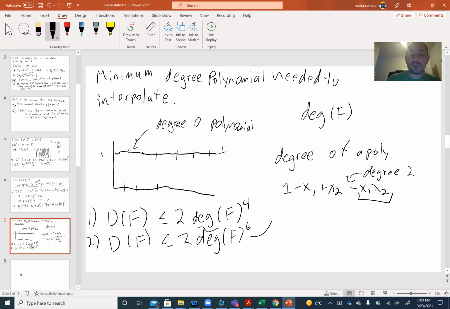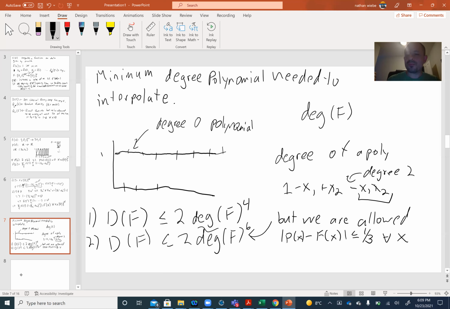Now, the approximate degree of the function is the same thing, but we're allowed to have the absolute value of p(x) minus f(x) less than or equal to 1/3 for all x.